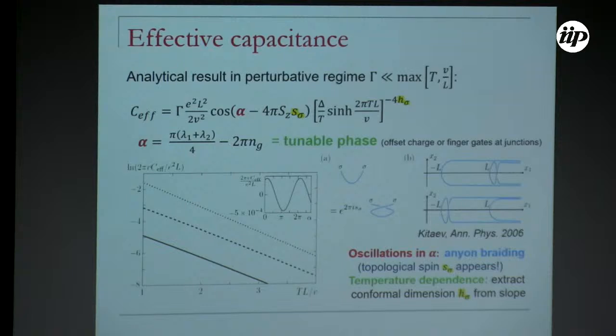And in addition, if you look at temperatures that are large against v over L, you can convert the sinh into an exponential, and then you see on a log scale, these should be just straight lines, and the slope allows you to read off the conformal dimension. And what you should get is that h sigma is 1/16 and S sigma is also 1/16. So if you see this in an experiment, I would say it's very strong evidence for non-abelian braiding obtained by just measuring a conductance or an effective capacitance.